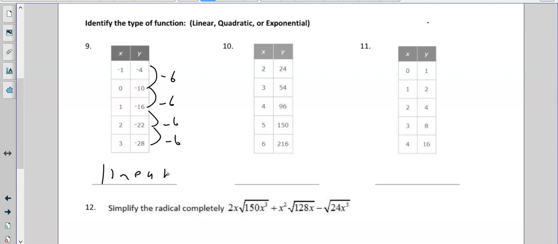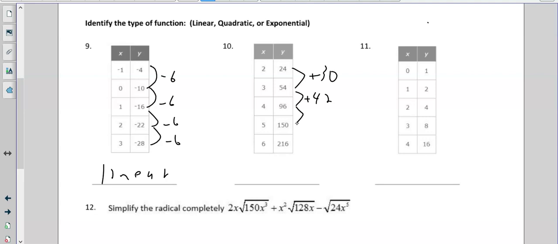So this one, we try looking first at what's happening here. And that's going to be plus 30. And then from here to here, we're going up plus 42.